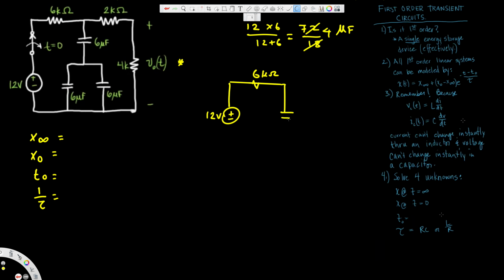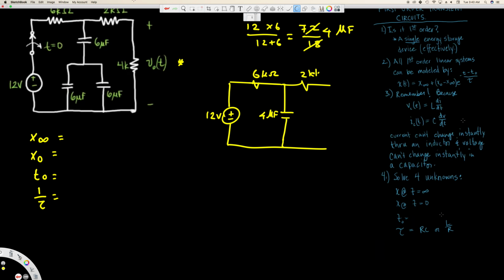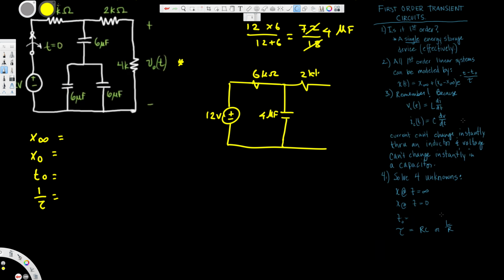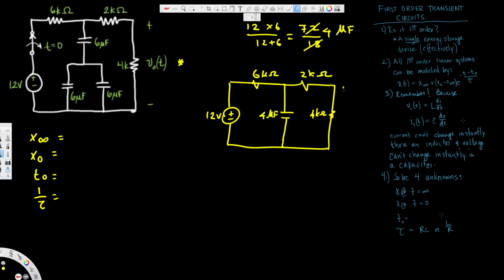On the other side we have 2 kilo ohm right here, and then here we have 4 kilo ohm, and then we have the voltage across this, V naught of t. Now we have turned this into a single energy storage device, right?